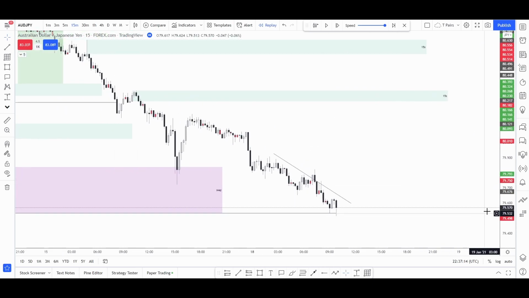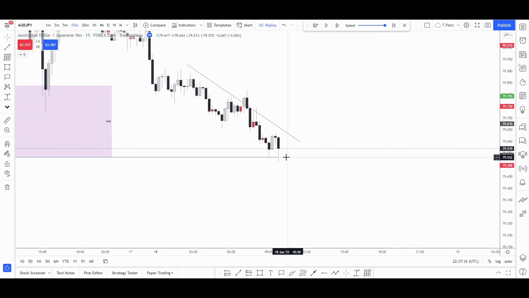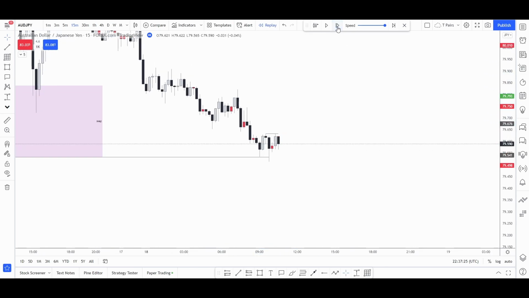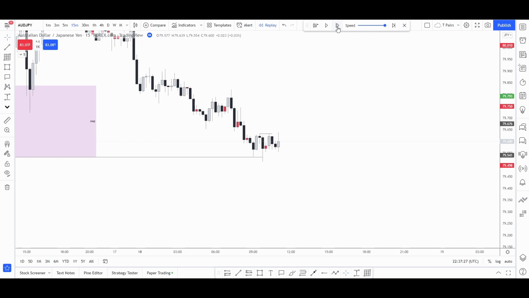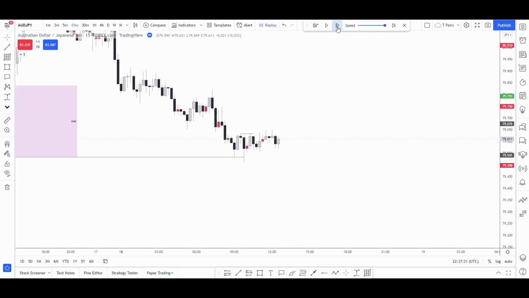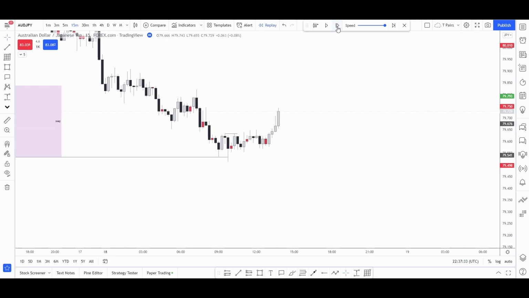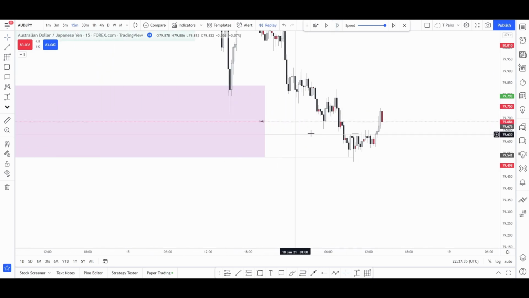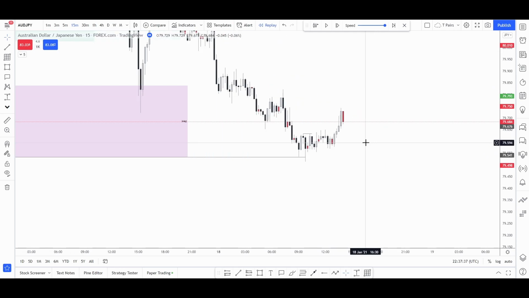Right, okay, I know what I'm doing. Right, let's try and get a break of that. Move that out of the way because it's just in the way. Okay, cool. Liking it. Right, this might well be the reversal zone, which we were thinking of.